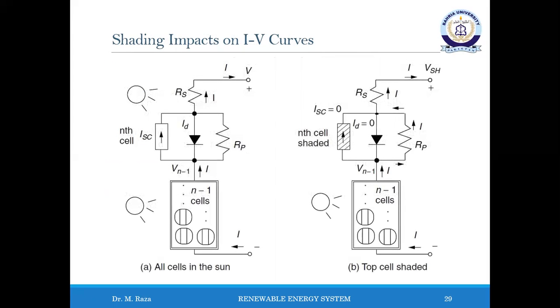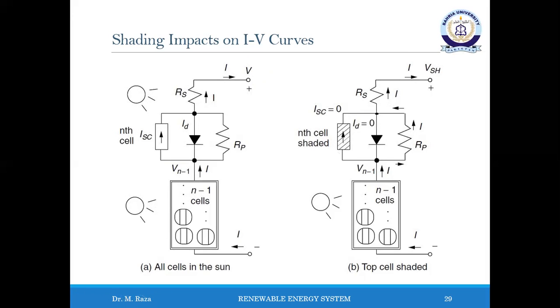To help understand this important shading phenomenon, consider the systems as shown, in which an N cell module with current I and output voltage V shows one cell separated from the other, such as shown over here in these two diagrams.